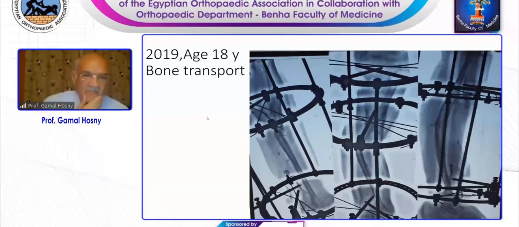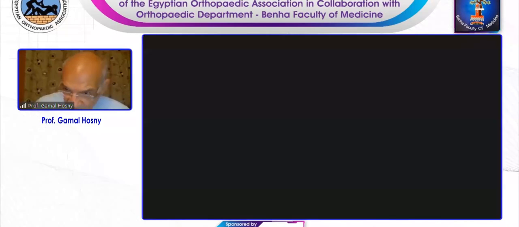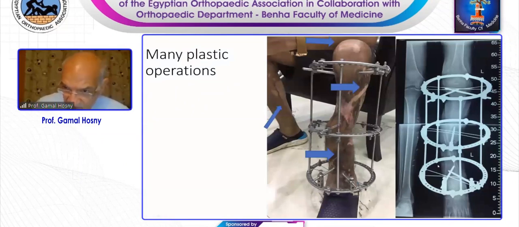The patient was referred to me after 10 months in the fixator. And this was the picture. Look at the skin and the deformity. It's almost like a Z-shaped deformity of the tibia. He has a huge bone defect. He has poor regenerate, many plastic operations.